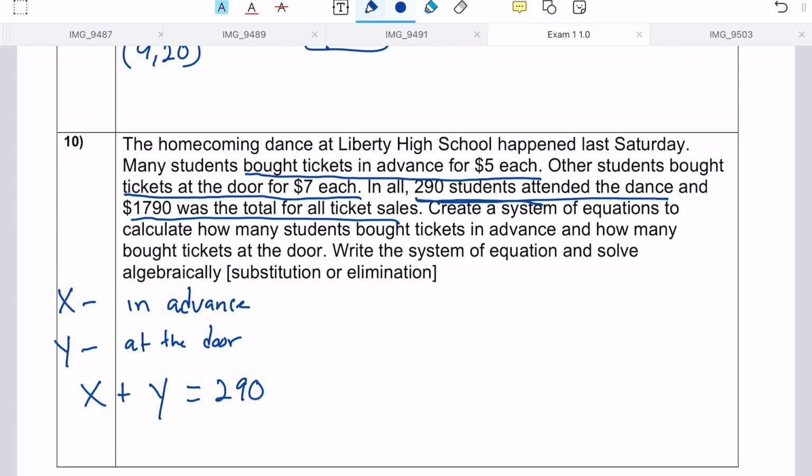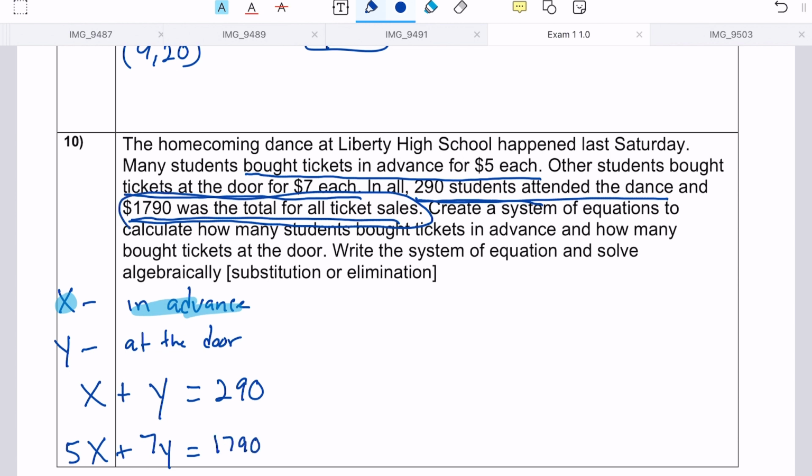And then we also know that the students that bought tickets in advance got it cheaper. So X is what represents the students in advance. So we can say that 5X plus 7Y, and the total amount of money that came in from all ticket sales right here is $1,790.